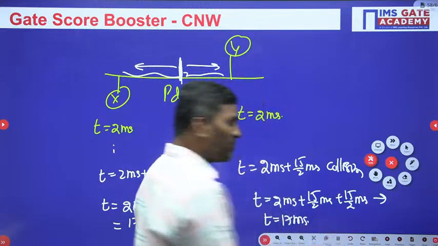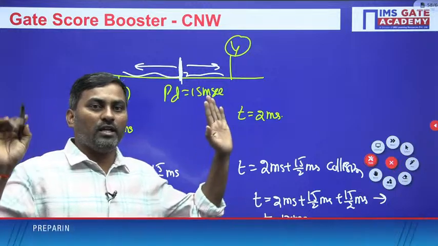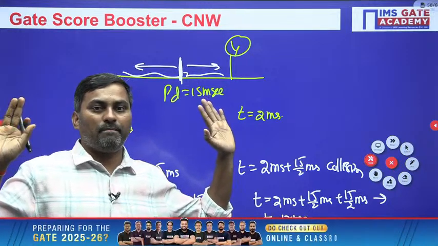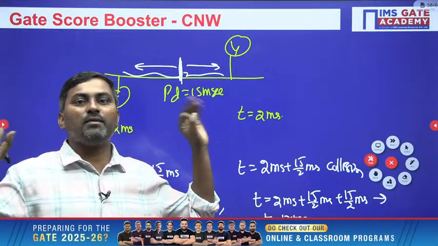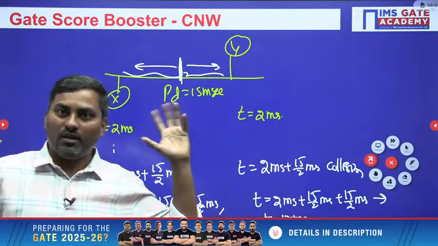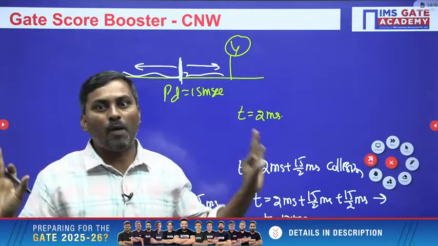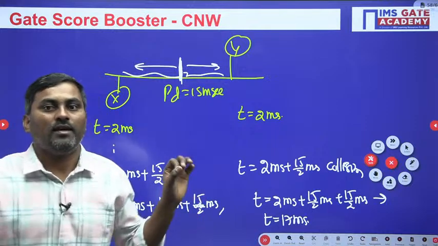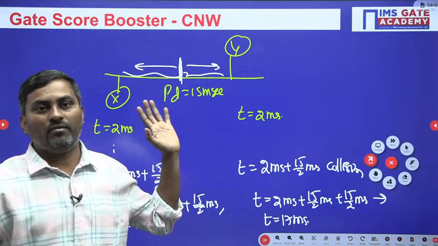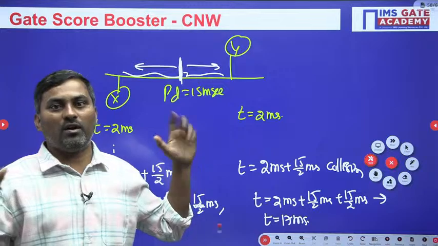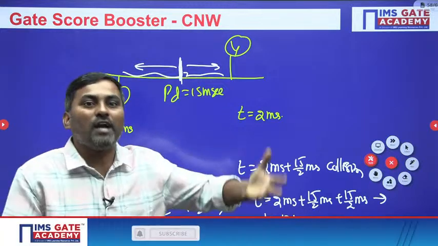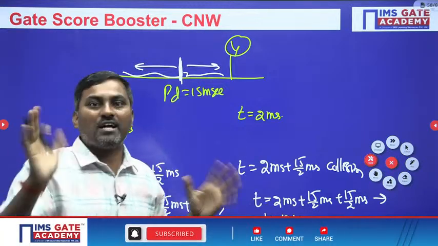Any doubt? Anybody having a doubt here? At the 17th millisecond they come to know the collision occurred, then they stop transmitting. Am I right or not? Now they apply the backoff algorithm.